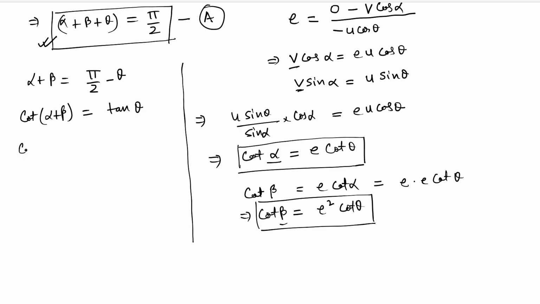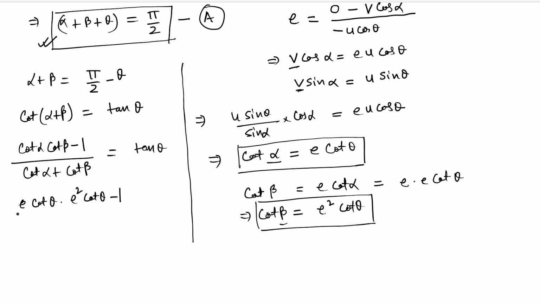And this is cot alpha cot beta minus 1 over cot alpha plus cot beta equal to tan theta. Cot alpha is nothing but E cot theta, and cot beta is E square cot theta. So the numerator is E cubed cot squared theta minus 1, and the denominator is E cot theta plus E square cot theta. And this is nothing but 1 by cot theta, so this can cancel out.